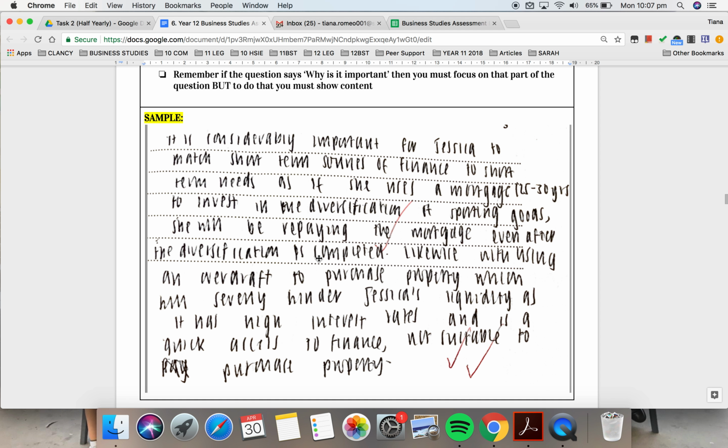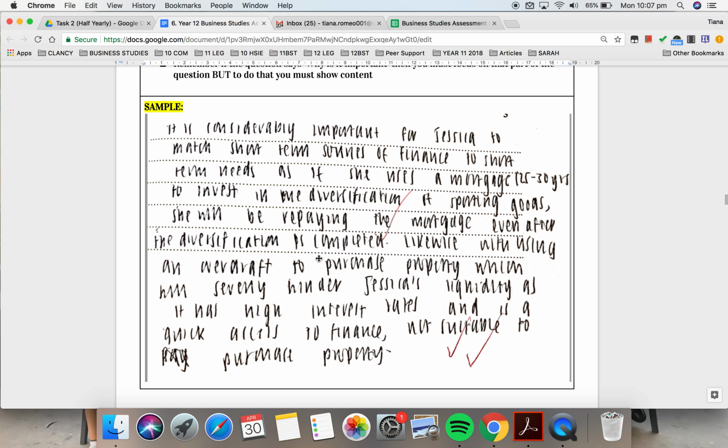So I provided a sample response here. It is considerably important for Jessica to match short-term sources of finance to short-term needs. So she uses a mortgage, 15 to 30 years, to invest in the diversification of sporting goods. She will be repaying the mortgage even after the diversification is complete.